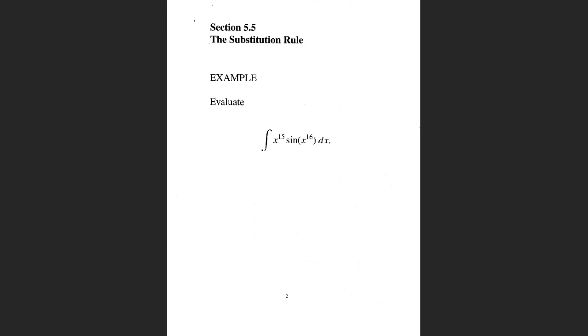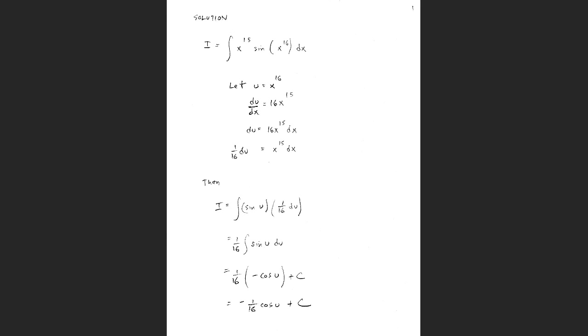Because you're letting u equal x to the 16th power, the sine of x to the 16th power becomes the sine of u. We're transforming our integral to an integral with respect to the variable u.